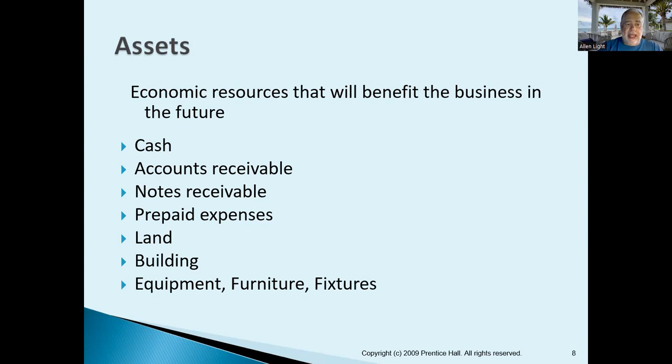For example, cash. Accounts receivable, that means something that people owe us. So we're going to receive the cash that they owe us. Notes receivable is when we let somebody borrow money and they're going to pay us back. That's a receivable. We're going to receive it.